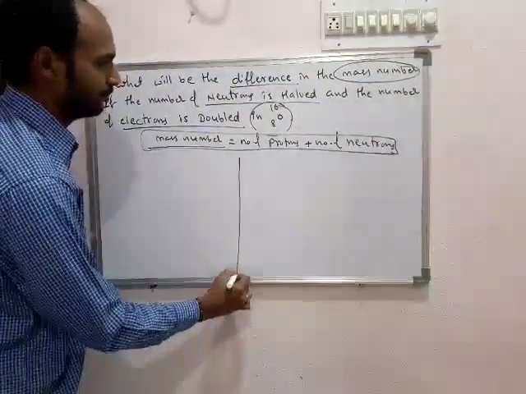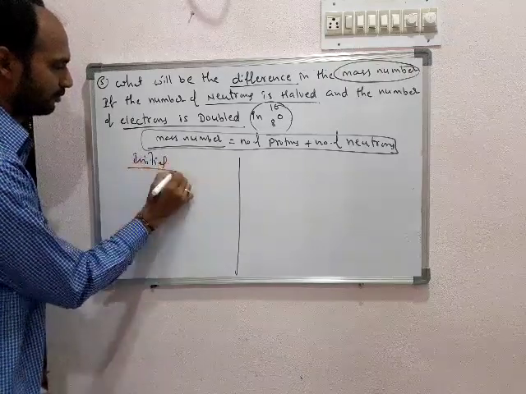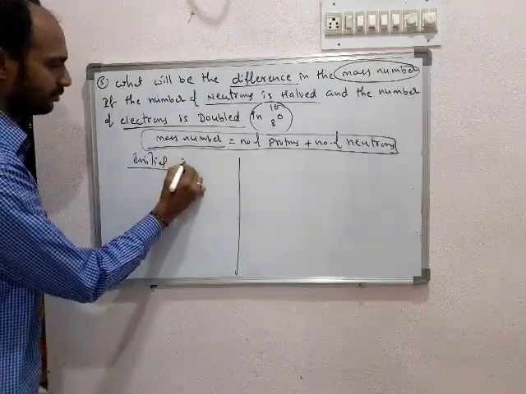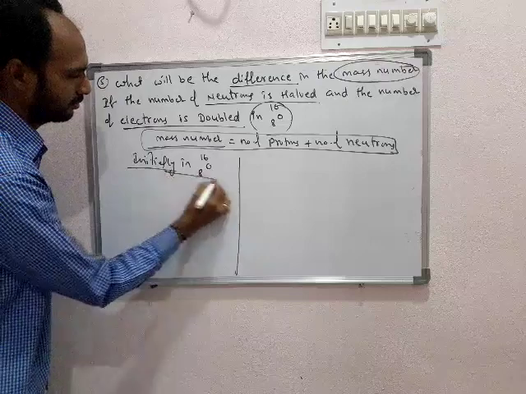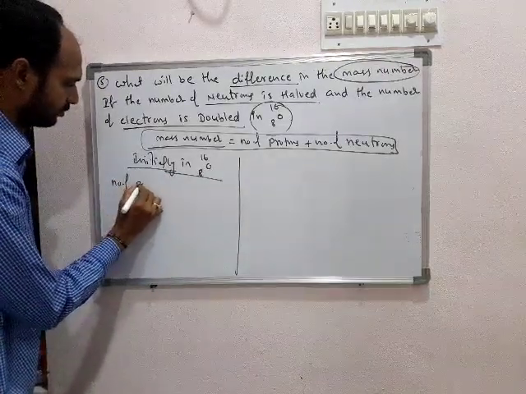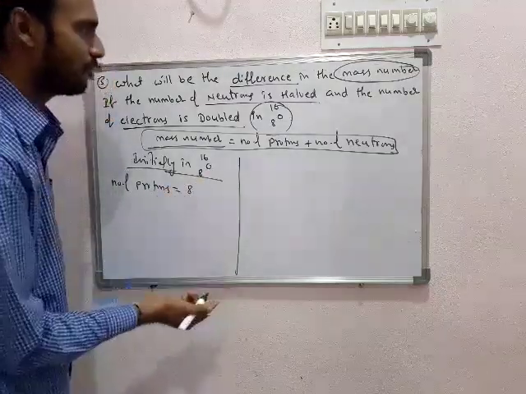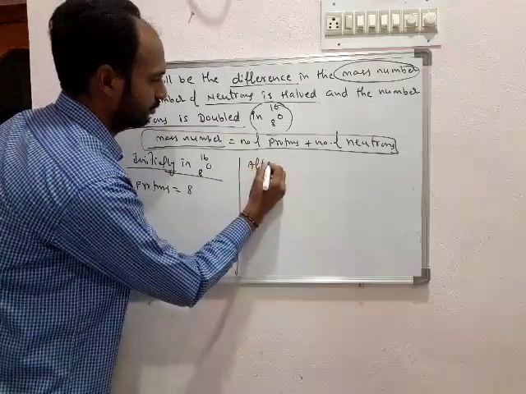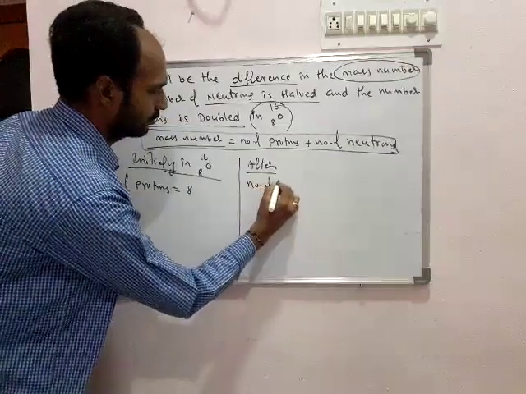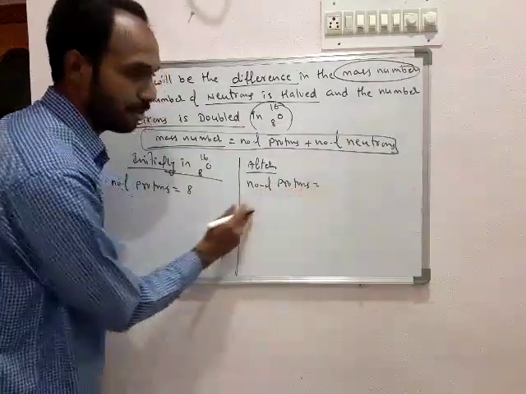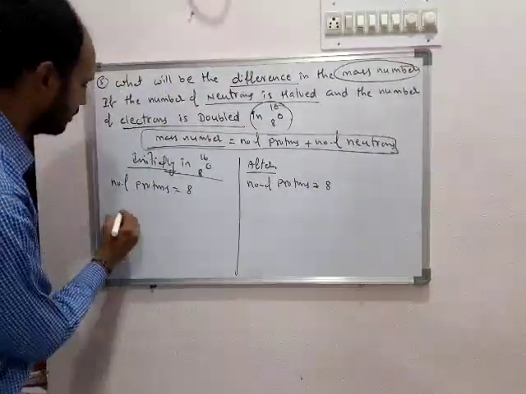For example, initially in O16, what is the number of protons? 8. After these changes, the number of protons is equal to 8. There is no change in the protons.